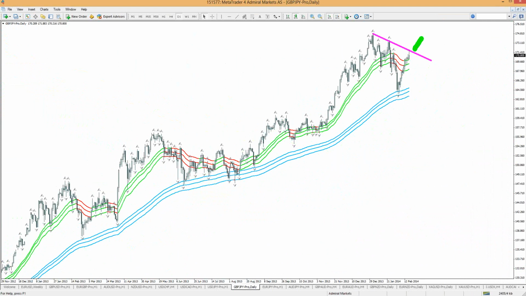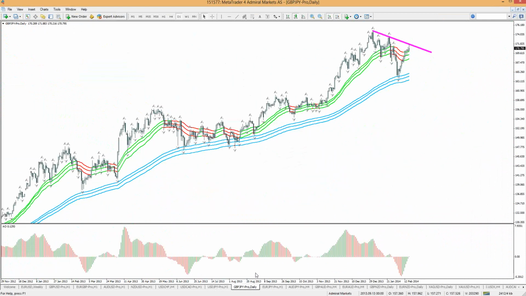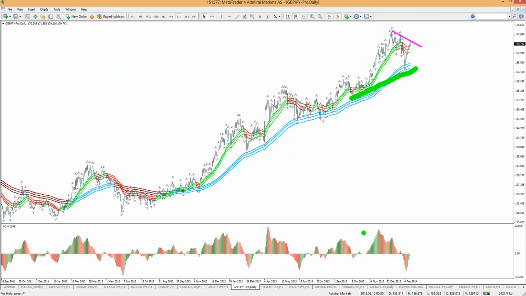One thing we could check is if there's divergence. This is the pound yen, by the way, daily chart once again. Is there divergence? Well, there is a bit if you compare these two tops, but not if you compare these two tops. So there is actually hidden bullish divergence between these bottoms here.